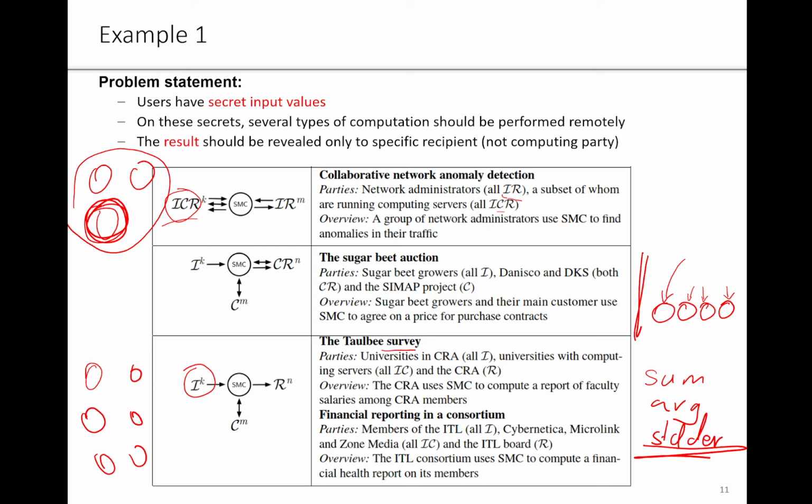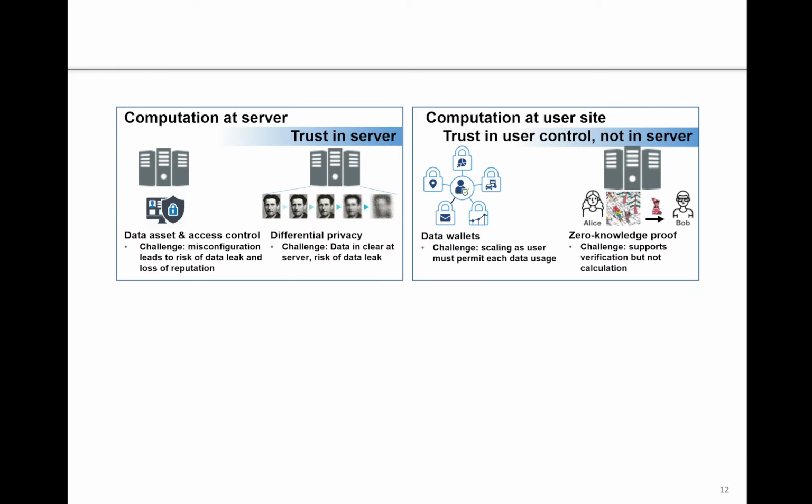So the question is, how can you hide data from the computing party? So you want to compute A plus B without revealing A or B. So let's have a look at different solution categories. First, we will have a look at traditional approaches, where you have centralized servers in use.